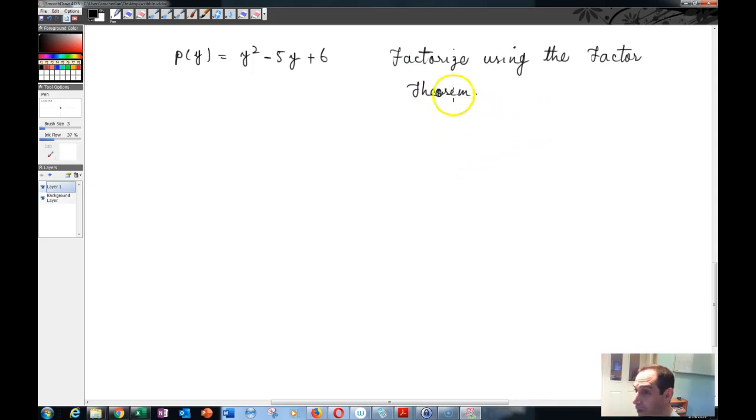Basically, using the factor theorem, if you want to factorize this polynomial, y squared minus 5y plus 6, you can write it as the product of two polynomials, something like y minus a and y minus b, and then the zeros of the polynomial are a and b.